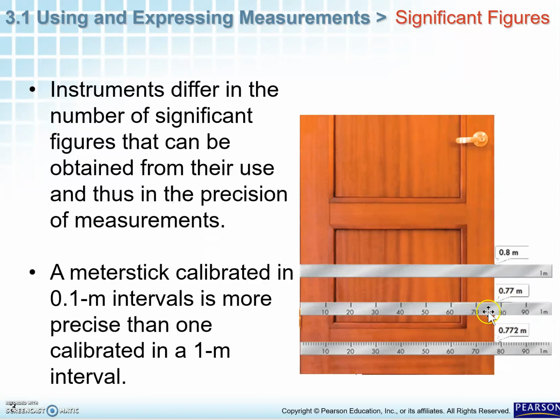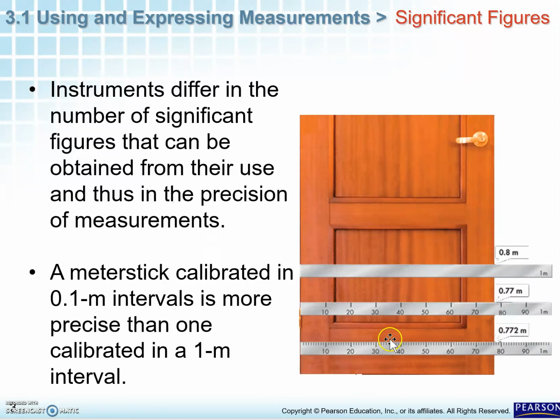However, I have to estimate about how far between 70 and 80 centimeters the door lies. Here my estimation would be about 0.7, meaning it's bigger than the 70 and less than the 80, and 0.77, meaning that I'm estimating that last little area right here.